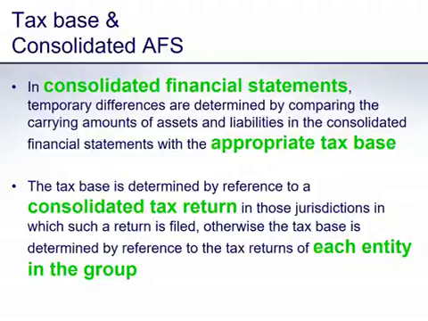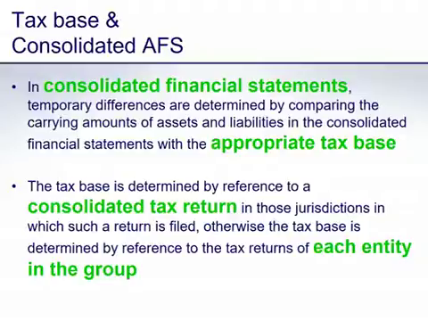particular consolidated tax return. In jurisdictions where each individual entity within the group is considered to be a separate tax-paying entity, what you'll probably find is that the tax base is carried upwards into the consolidated accounts from each individual entity.